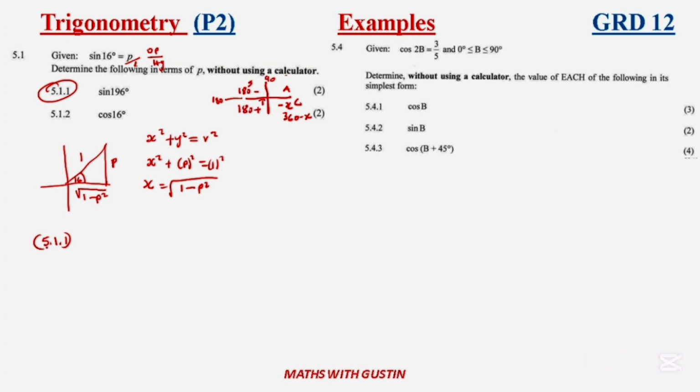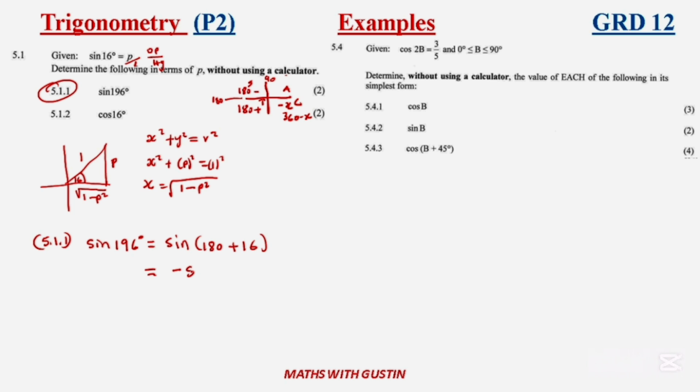So in order for us to answer 5.1.1, we must say sine 196 is equal to, it can also be written as sine of 180 plus something. Plus what? Plus 16 will give us 196. In this quadrant, is sine positive or negative?